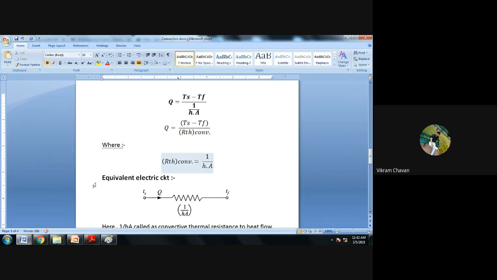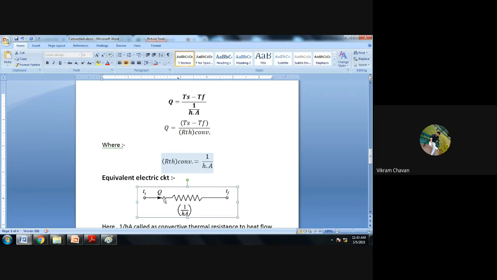Then further, if you want to draw the equivalent electric circuit for convection heat transfer, for Newton's law of cooling, we can draw it in this fashion. The temperature difference is Ts, Tf. Surface temperature is Ts, fluid temperature is Tf, and heat is transferring from the surface to the fluid.